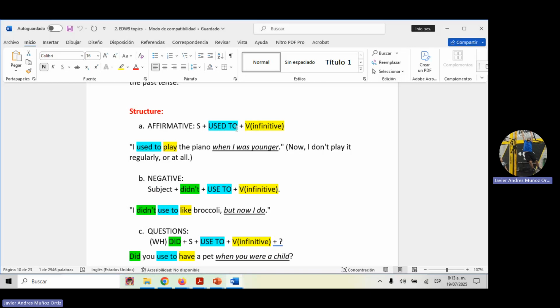And to make this parallel, we are going to complete this situation, comparing it with something in the present, maybe directly, maybe indirectly. For example, I used to play the piano. Okay, this is what I used to do in the past, right? Used to and play. Play what? Soccer, the bass, the guitar, in this case the piano.